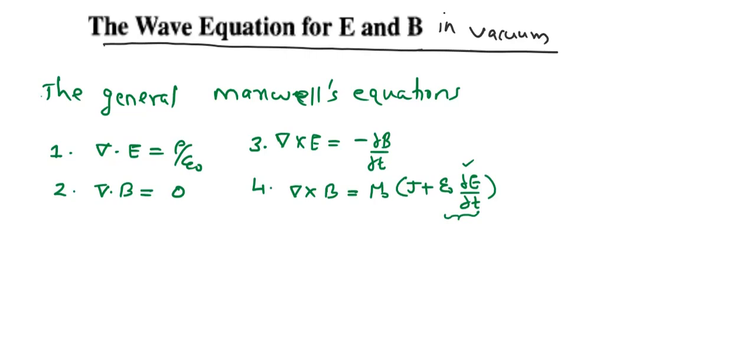Then to derive the wave equation in vacuum, first we will see what are the properties of the vacuum. Vacuum means it is nothing but free space.